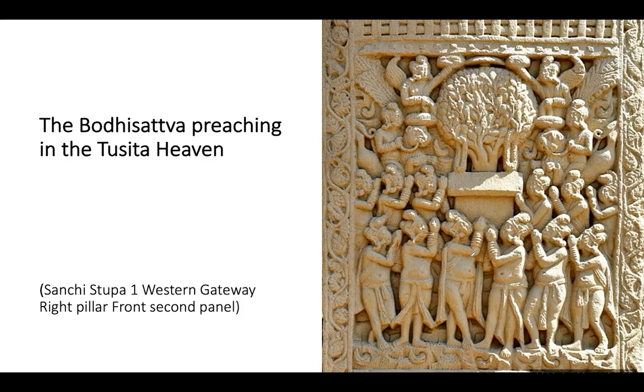So it's really hard to draw his image, and they just symbolize him as a tree or empty chair or a footprint or sometimes tree leaves. You can see this is a kind of symbol of a bodhisattva. Actually, the Buddha in a previous life as a bodhisattva stayed in the Tusita heaven and provided preaching to the beings who stay in the Tusita heaven.